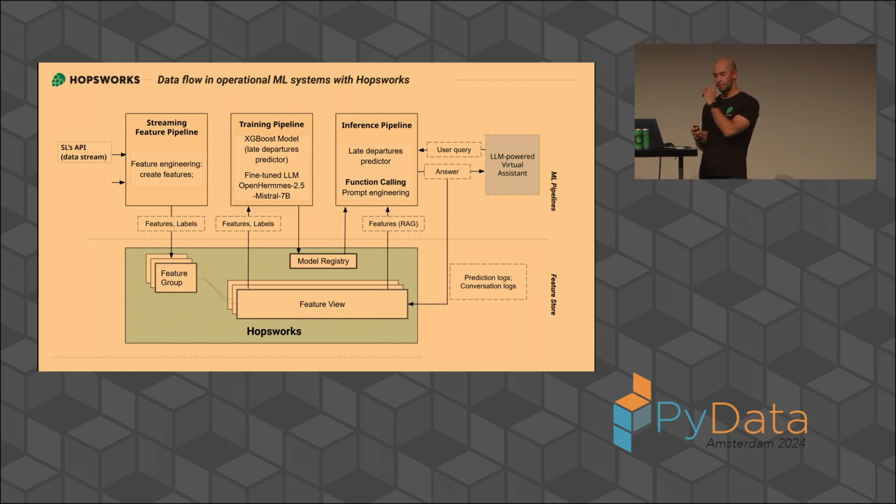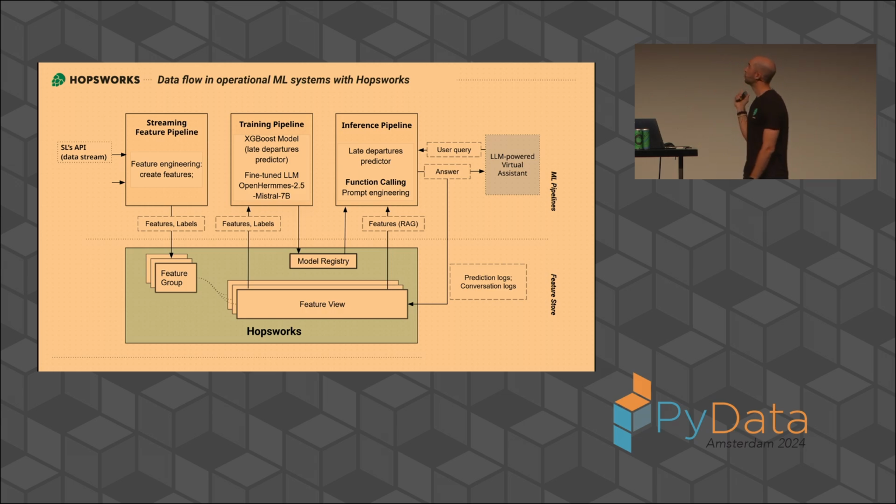And we will have a streaming feature pipeline that takes this information, curates the features, and also computes aggregations using different windows. So we will have not only a specific departure, if it was late or not, but also aggregations: how many late departures were in the last 30 minutes, in the last hour, in the last 6 hours, and so on.